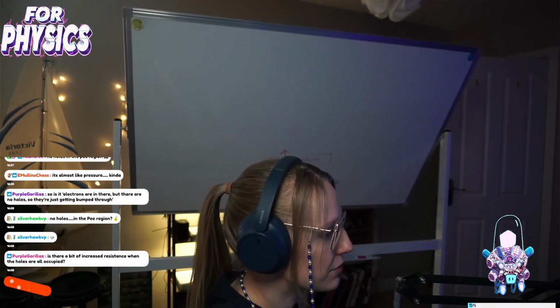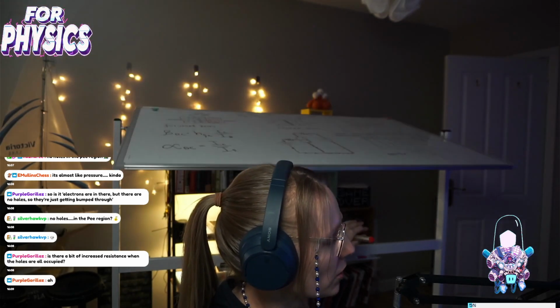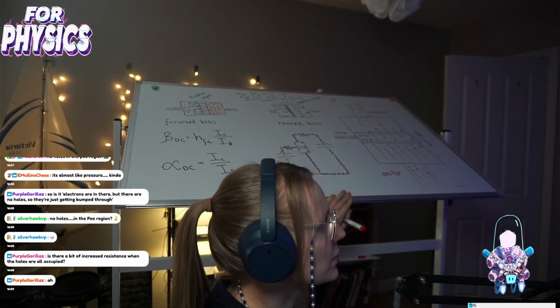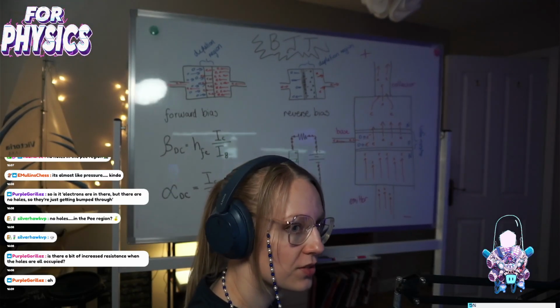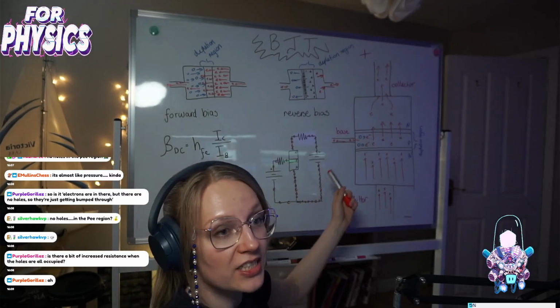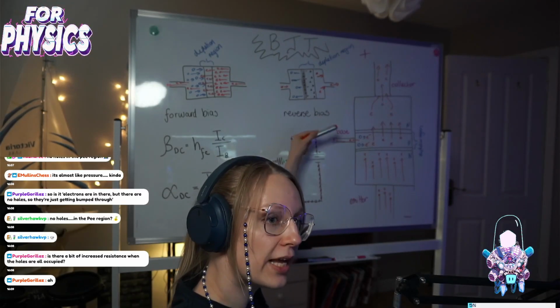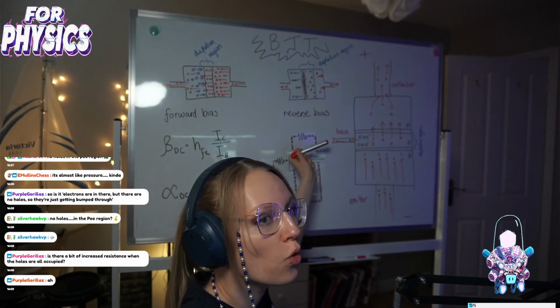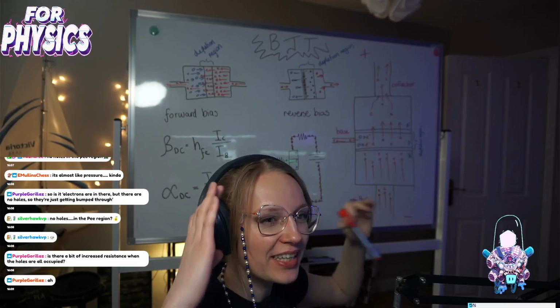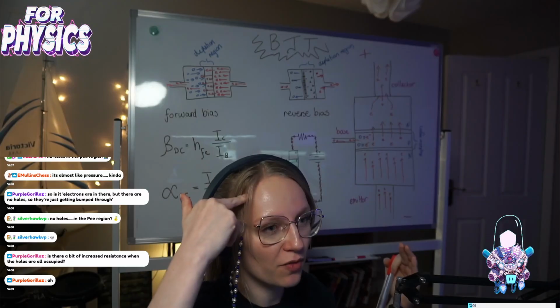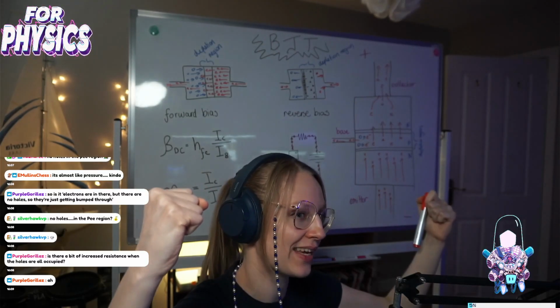Is there a bit of increased resistance when the holes are all occupied? No, because you got rid of the holes, the two holes there, the holes need to be replaced. And so there's a whole electron, there's a whole electric flow. So for this model to work, you have to think of holes and electrons as two separate things.